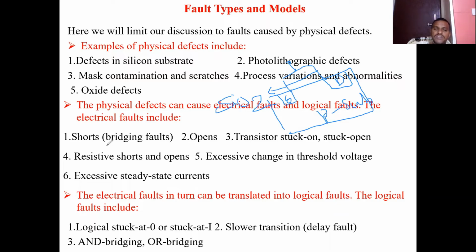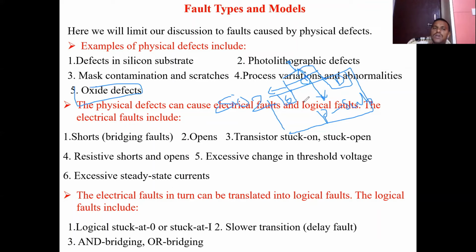It brings shorting, bridging faults, and opens also. If there is an oxide defect, meaning at a particular point no oxide layer is present, the gate and substrate will be shorted. Since gate and substrate are shorted, no correct operation takes place for this NMOS transistor.